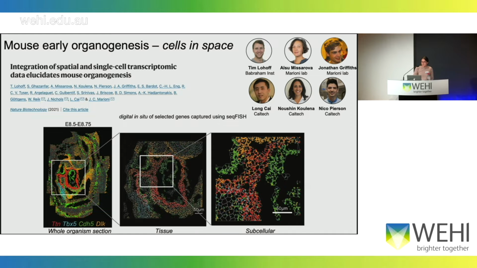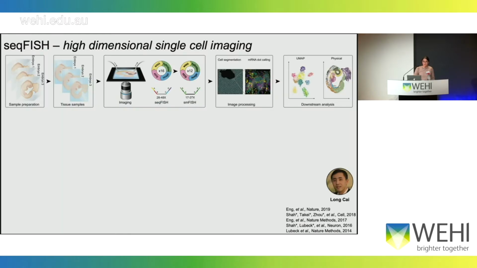The technology that we used to capture molecule-resolved spatial profiling was seqFISH, sequential fluorescence in situ hybridization. George did a very wonderful job at explaining the overall technique for how barcoding-based imaging RNA FISH works.